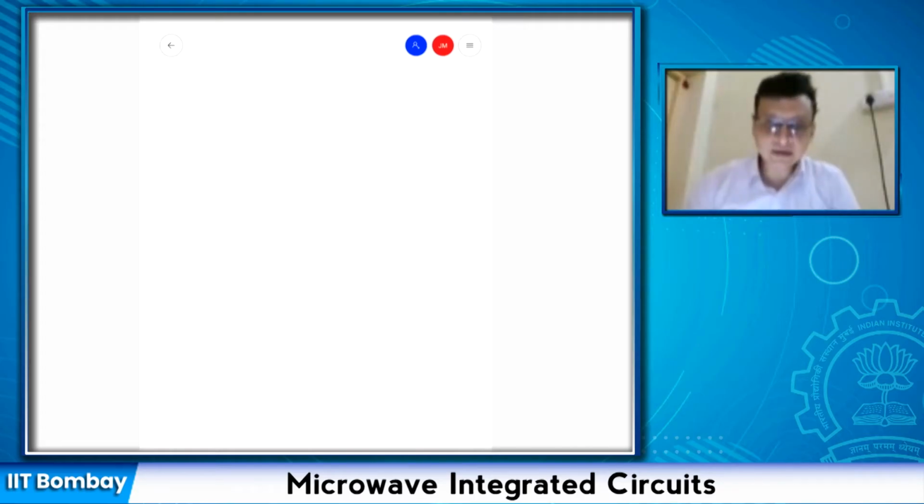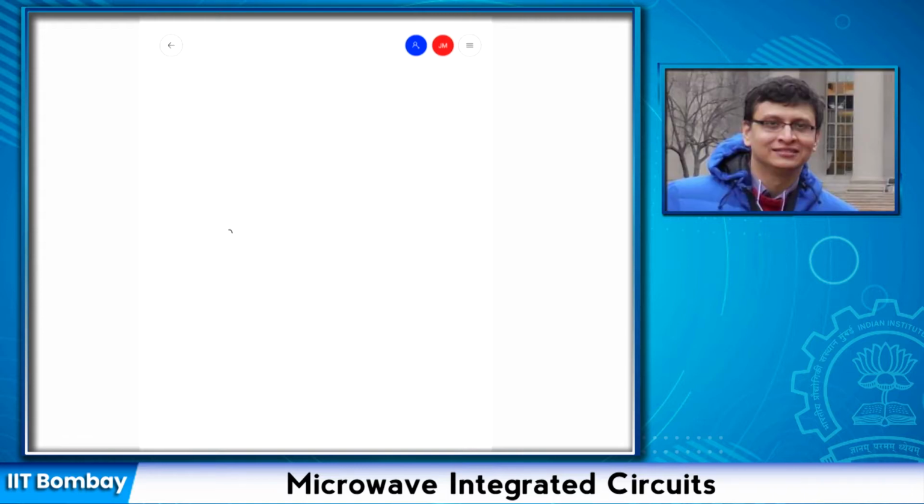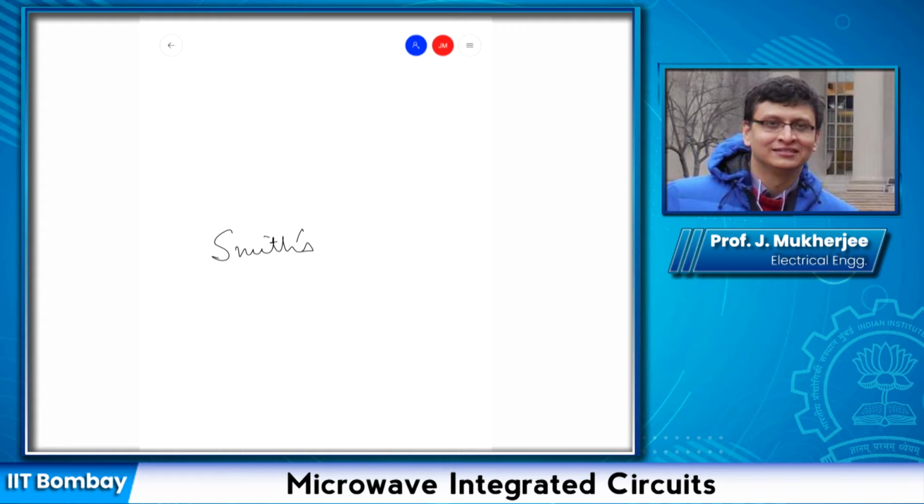Hello, welcome back. So in this second part of this lecture, we'll be covering the topic of Smith chart. So what is this Smith chart? The concept of Smith charts is based on what we call a bilinear transformation.